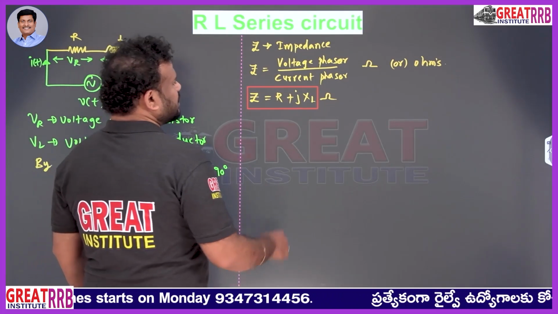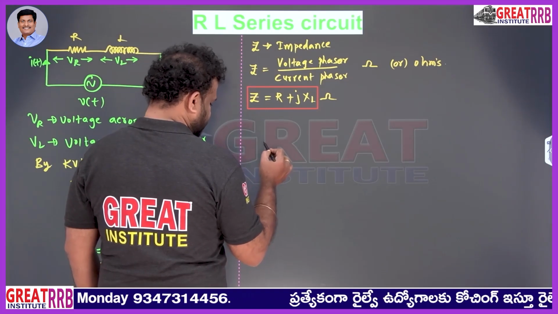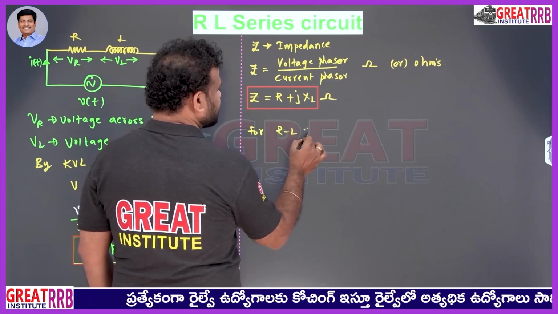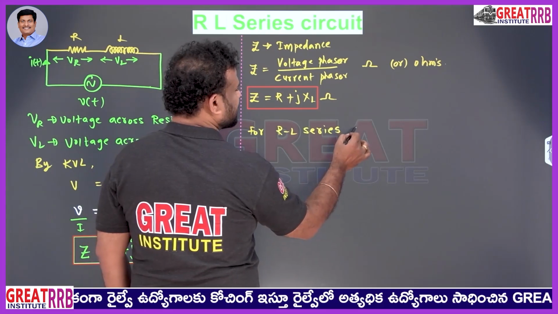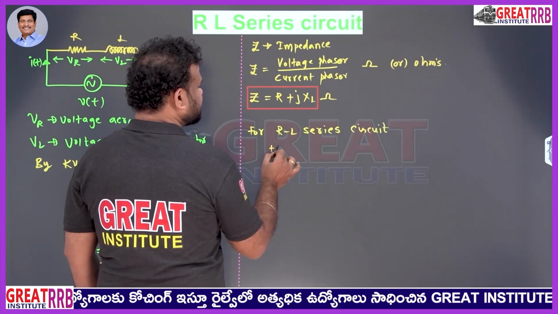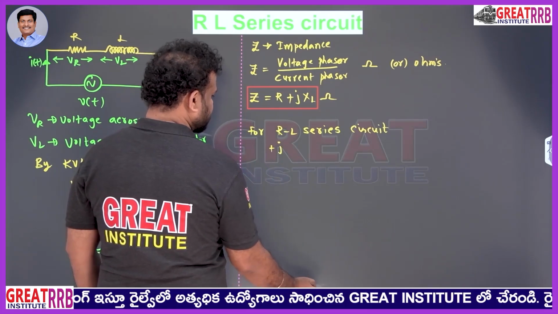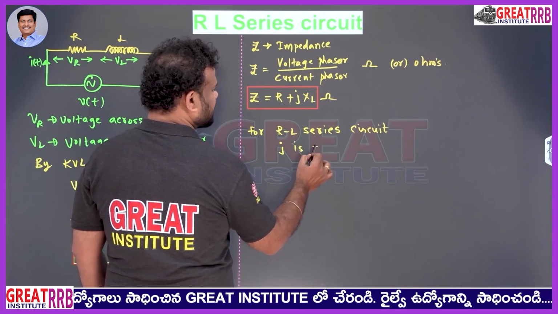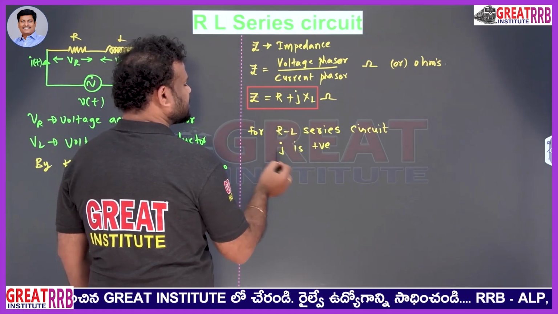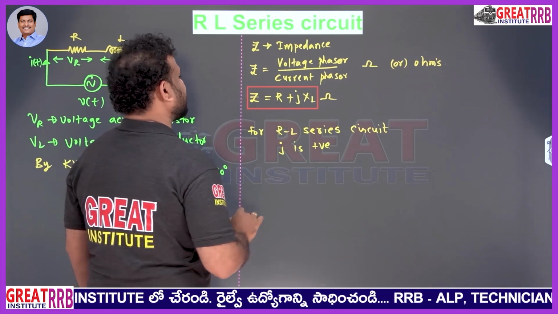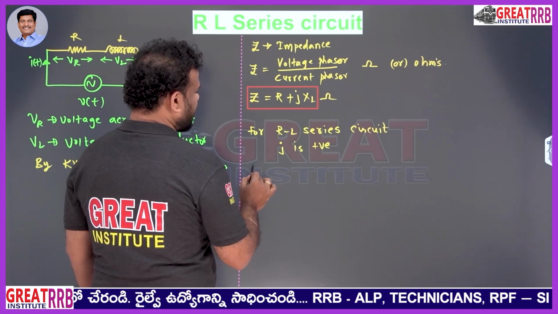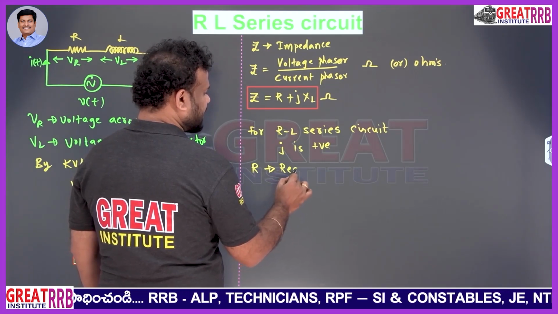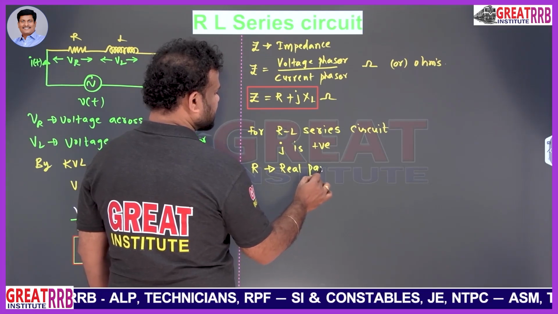Now, sir, what is the observation here? Just observe, for the RL series circuit, the imaginary part, that means j, always remains positive. R is a resistance, and it is the real part.